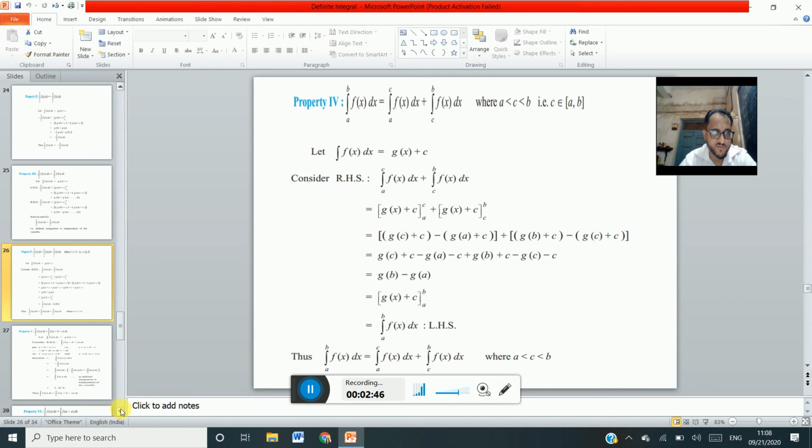All 3 properties are there and some examples on those properties we take in the next class, because this is enough for the day, and you practice these properties because they are very important. So try to practice and try to understand.